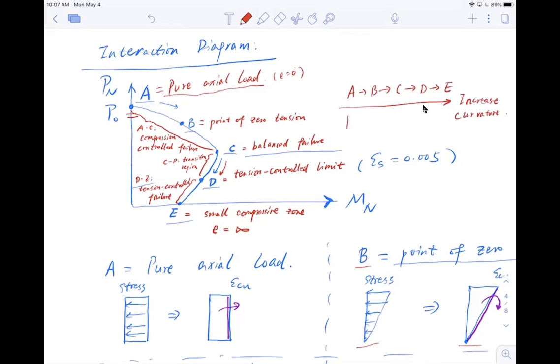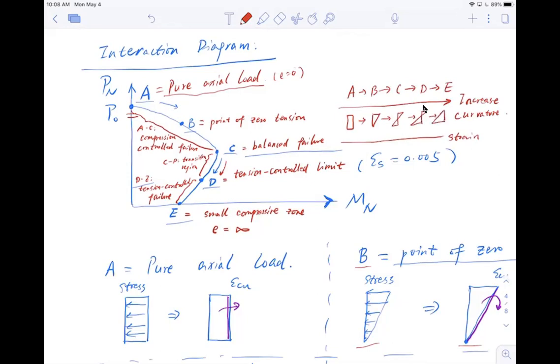So strictly, if this is a strain diagram, you should see A to B form a triangle, C is a balance failure, so both sides. For D, I have a little more in the tension, and for E, almost pure tension.